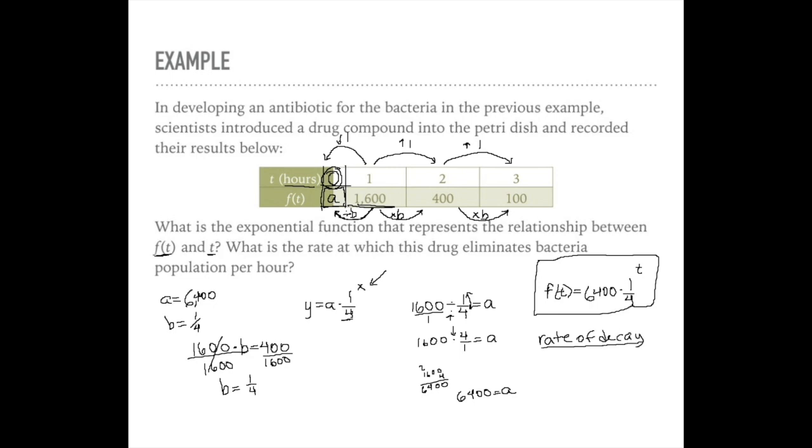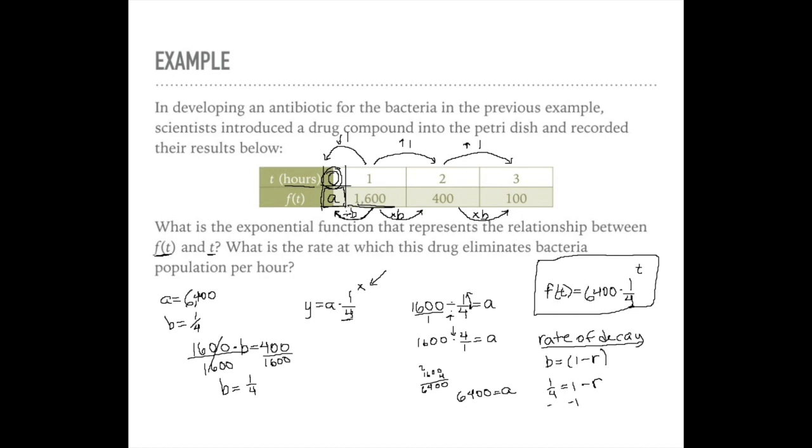We know it's a rate of decay because it's going down from 1600 to 400 to 100, and it is a value between 0 and 1. So my b equals 1 minus r. We know the b value is 1/4. So how can I solve for r?